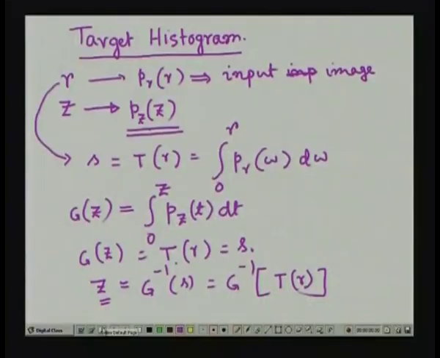So, again this is a continuous domain formulation, but our images are digital. So, we have to go for a discrete formulation of these derivations. Let us see how we can discretize this formulation.